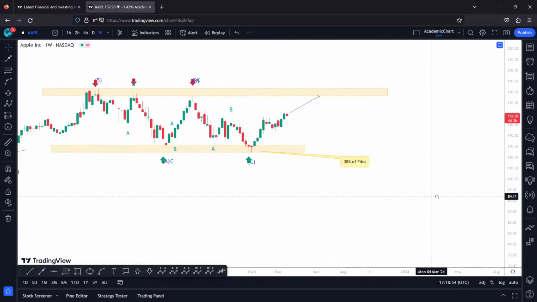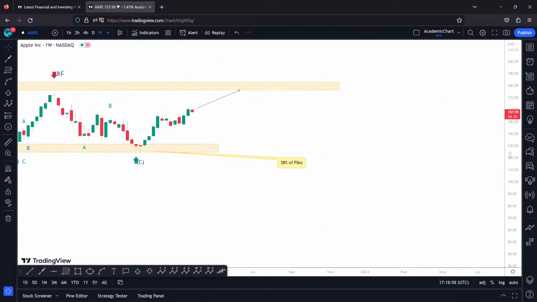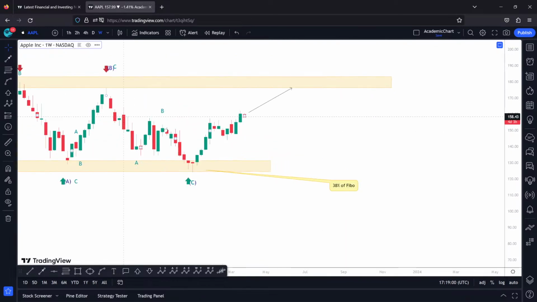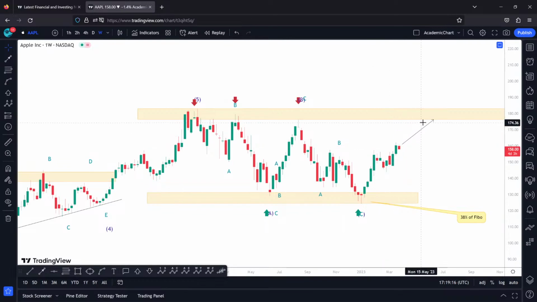Here I can zoom in to show you, and this is an indication of reversal. This doji candle at the top of this momentum completed the B wave, a major B wave, and it reversed. This one is much slower, and we are expecting it to move there.